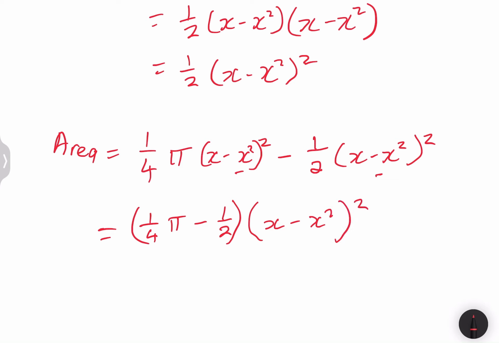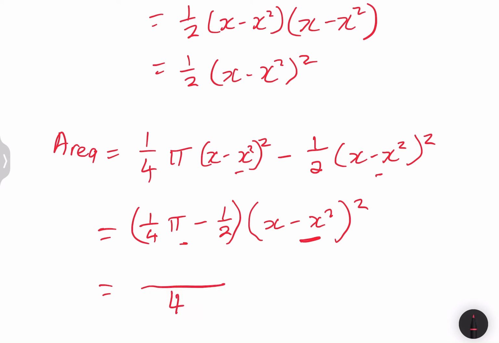Okay, so we're going to try and express that as a quadratic function. Now, in this case, we're going to just expand that bracket there. Right, so in this case, let's try and work out the LCD here. So you've got pi over 4 in a sense, right? And you've got also 1 over 2. So our LCD is going to be 4, right?